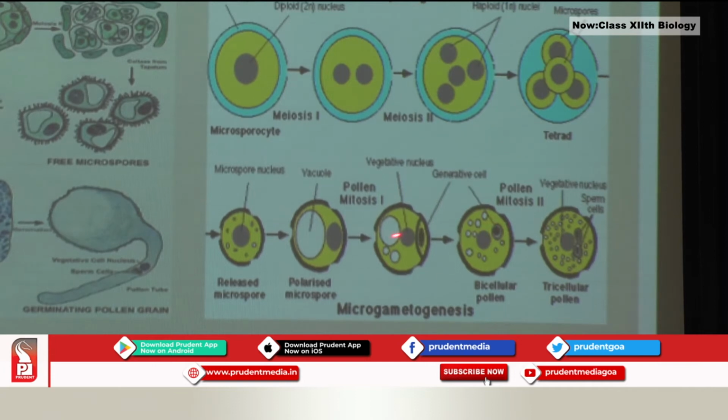So you can see here, in the cytoplasm of the vegetative cell, you will have the generative cell with its nucleus which is spindle shaped. And this generative cell, a tiny cell, will be floating in the cytoplasm of the vegetative cell as seen in the figure. So finally, what you see over here is the generative cell with its nucleus, the vegetative cell with its nucleus and the vacuoles which are present.